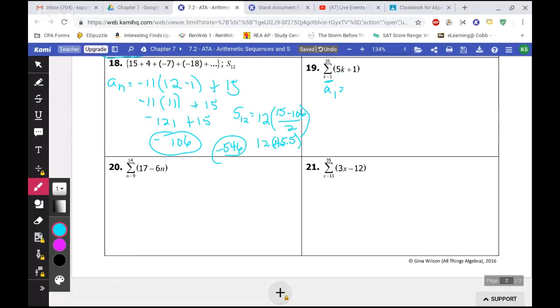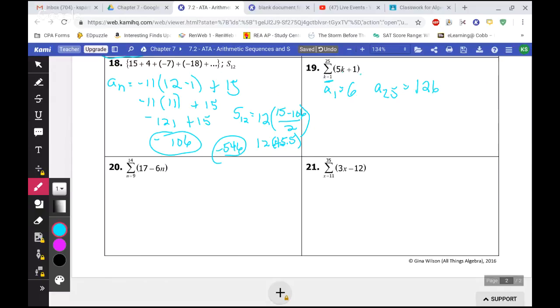So 5 times 1 is 5, plus 1 is 6. So A1 is worth 6. And then A25 plugged in, 5 times 25 is 125, plus 1 more is 126.